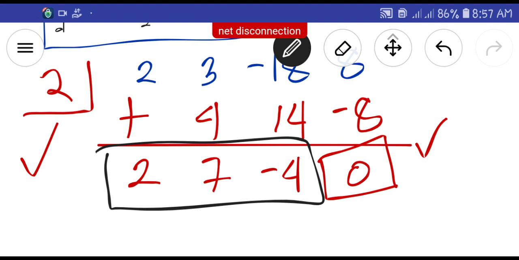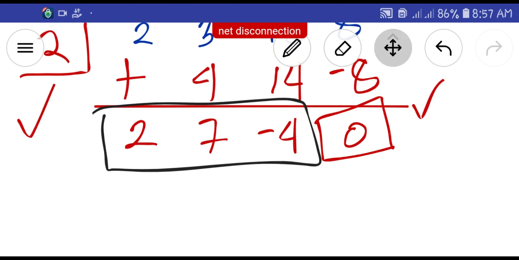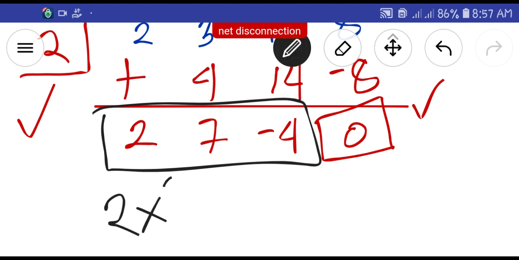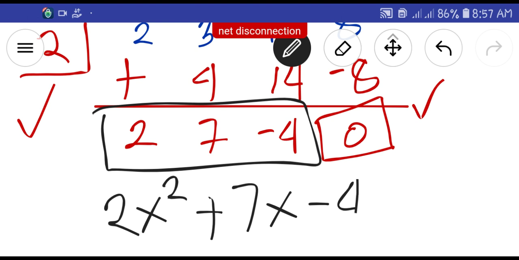And from the cubic one, it will become quadratic, right? So instead of cube, it will become 2x squared plus 7x minus 4. So you have now your new equation, which is equal to 0.